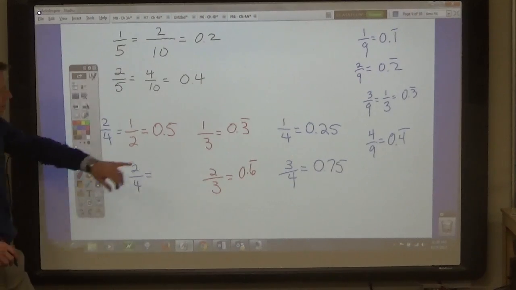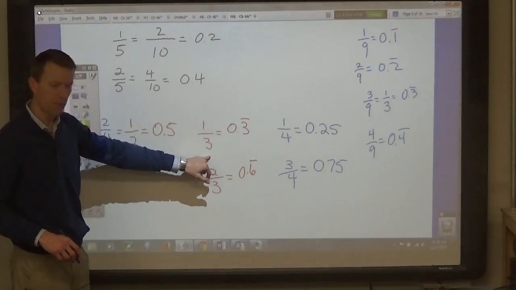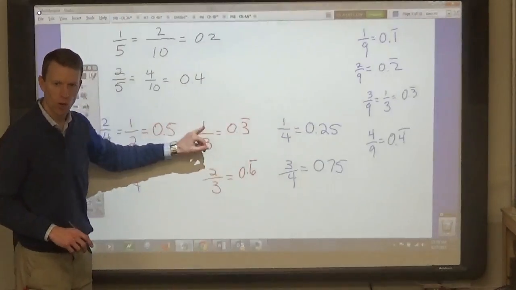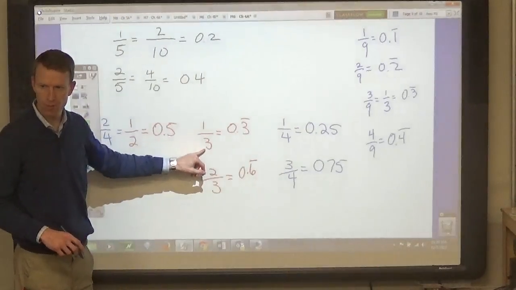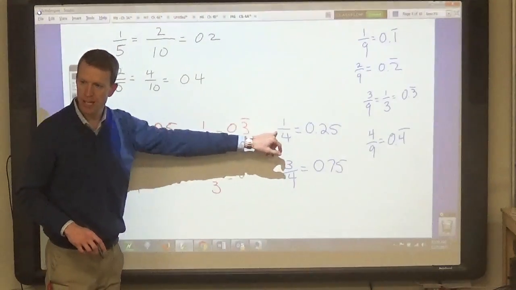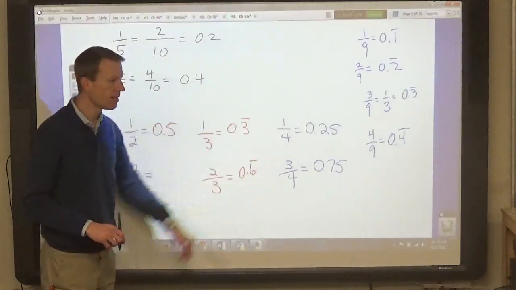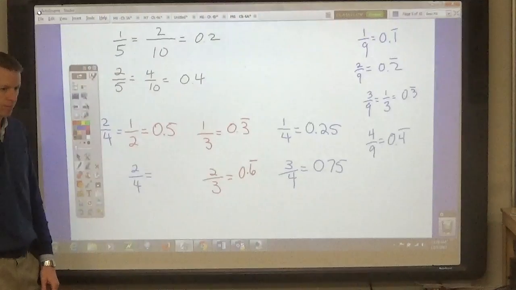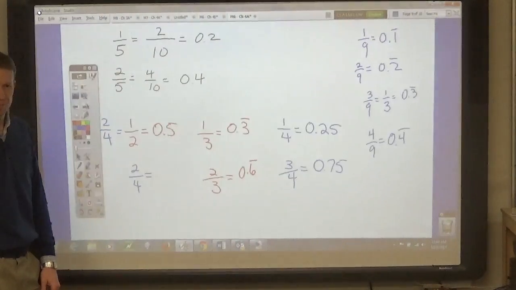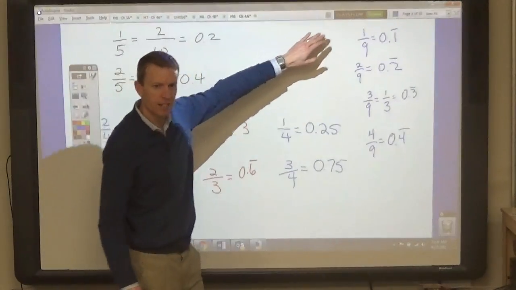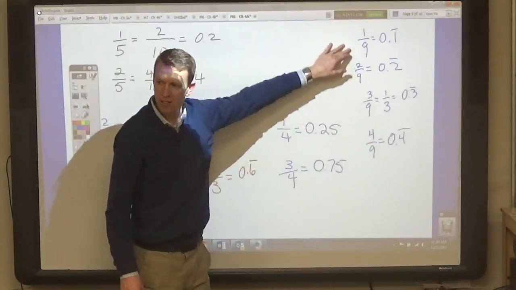And sometimes when you divide the top number by the bottom number, you get a repeating decimal. Like 1/3, 1 divided by 3 is 0.3 repeating. So you write that with the repeating sign over the digits that repeat. Right? Then we talked about how ones like ninths always repeat.